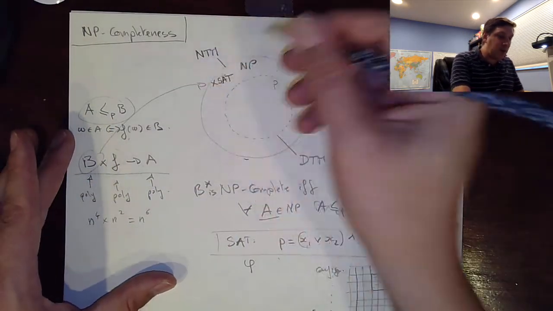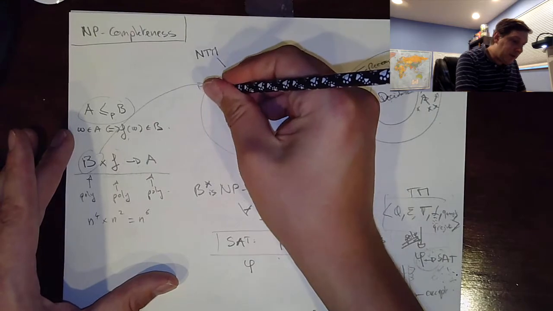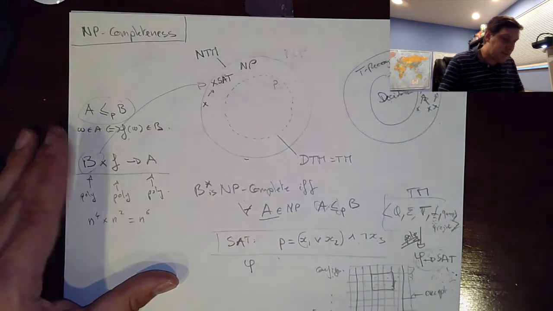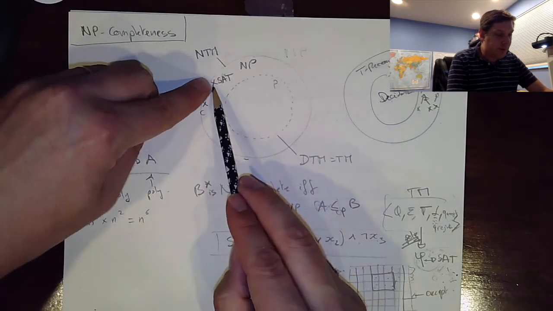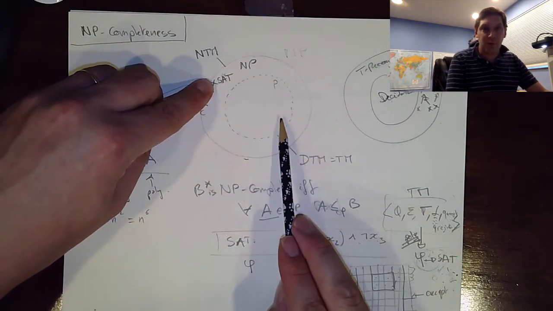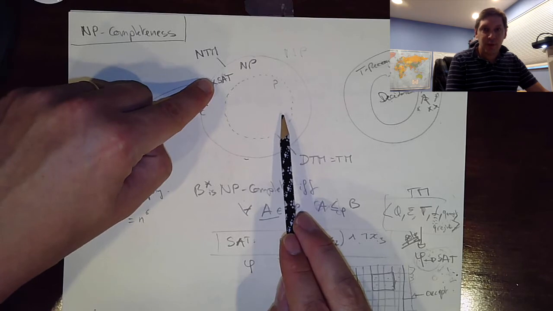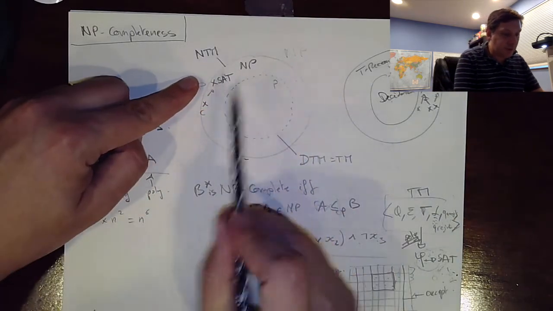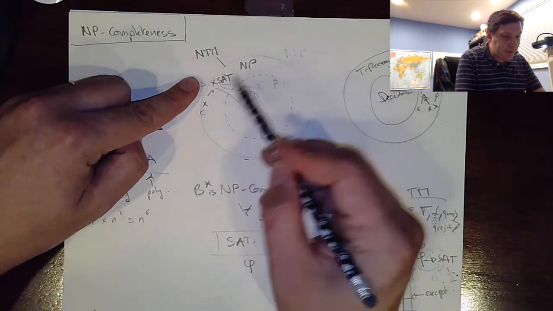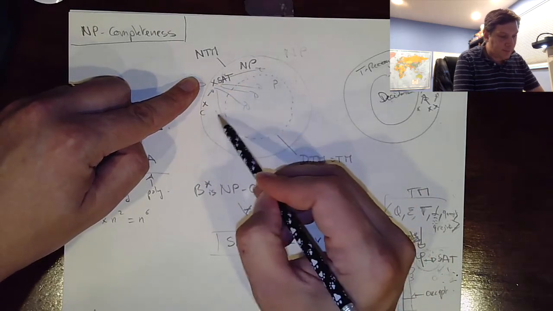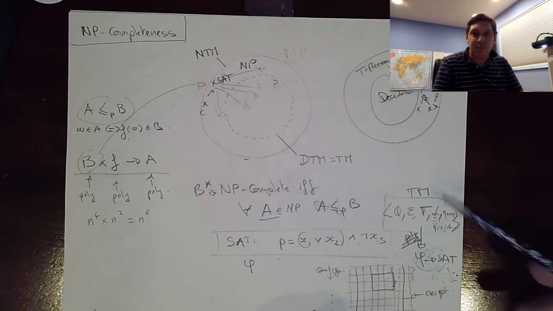Now we have an anchor, and we can relate other problems to it, because I know that all the other problems can be solved from SAT. I can solve any problem in P or NP from SAT. That's what we just proved.